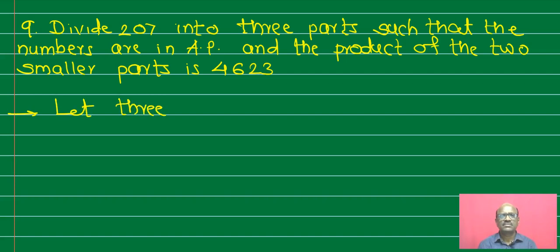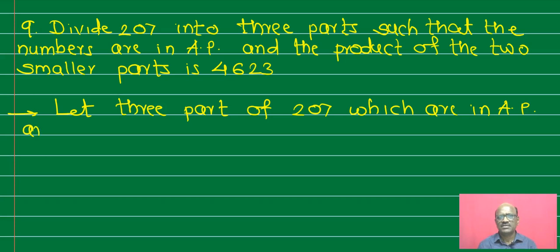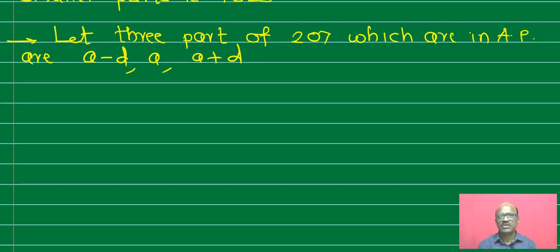Now here there are 3 parts which are in AP, that is a minus d, a and a plus d. Now the 3 numbers are in AP, we can write in this manner: a minus d is first, a, then a plus d. Now their sum is 207.